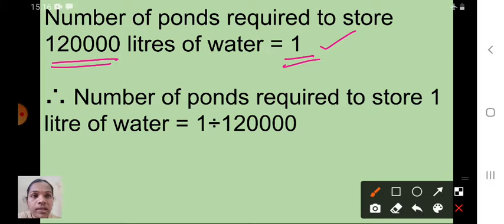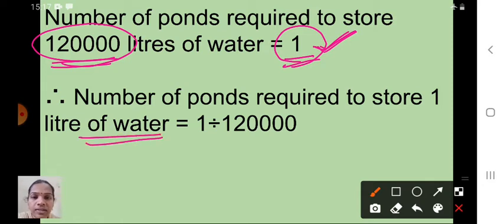Why have I written 1 here on the right hand side? The number of ponds we have to find. So 1 pond is needed to store 1,20,000 liters of water, that's why I have written 1 on the right hand side. Therefore, the number of ponds required to store 1 liter of water we have to find. This much liters of water is for 1 pond, so for 1 liter of water, this value is divided by this value.